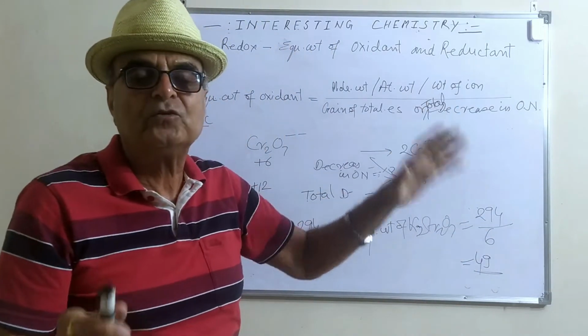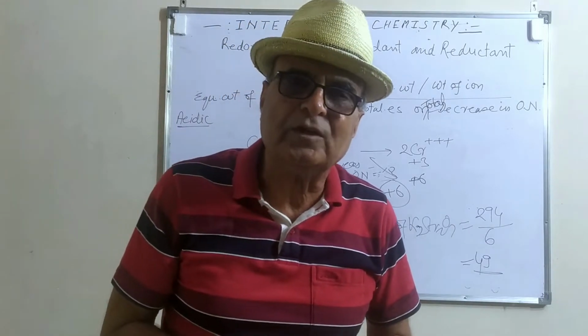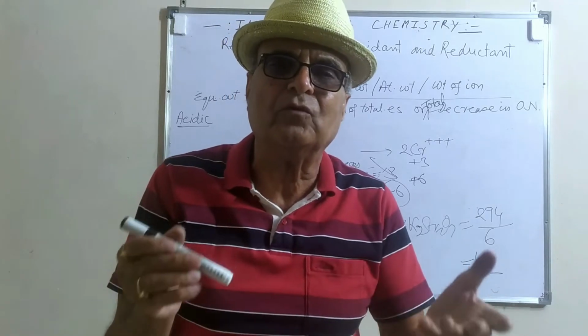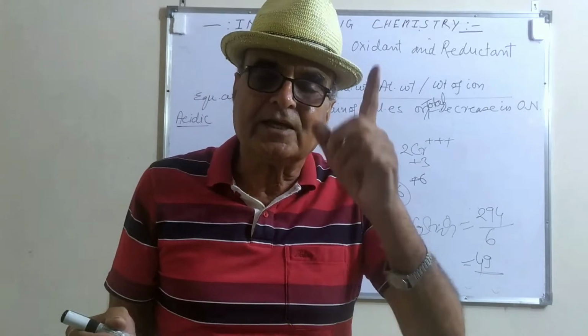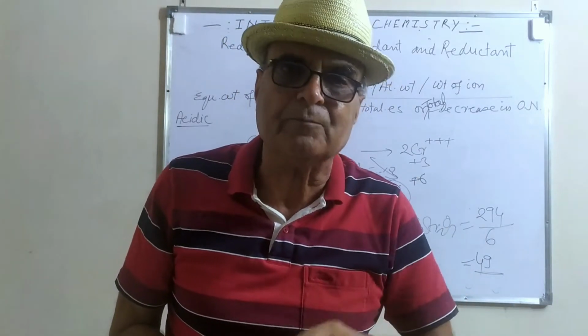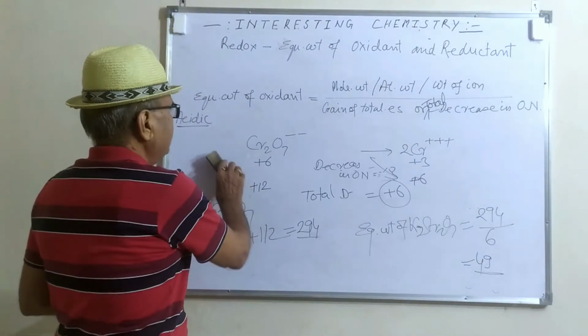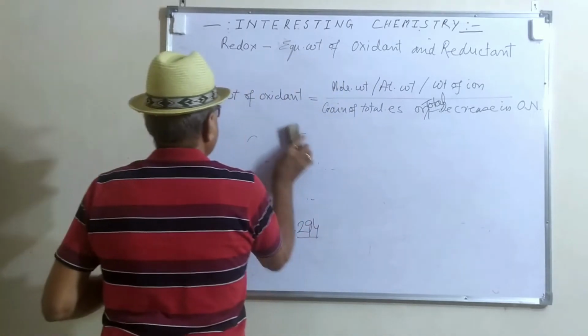I think you have understood how to calculate the equivalent weight of KMnO4, K2Cr2O7 in acidic medium and KMnO4 in basic medium. Now I am going to explain the equivalent weight of a reductant.